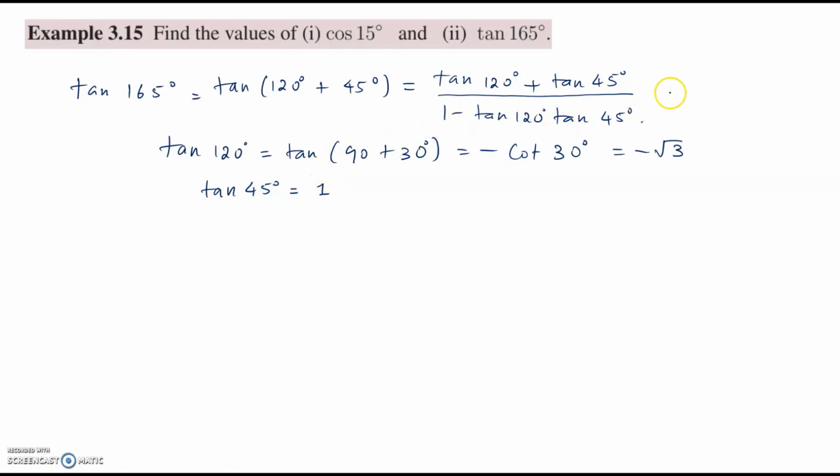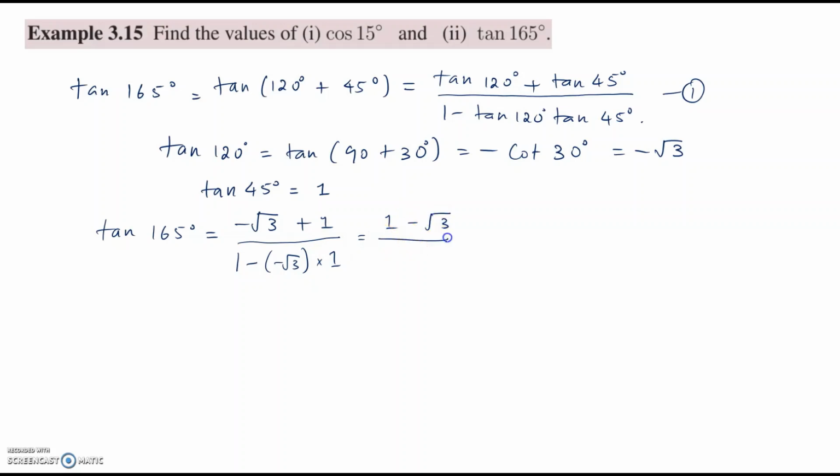Therefore, applying it, you get tan 165 degrees is equal to (minus root 3 plus 1) divided by (1 minus root 3 into 1). So this becomes (1 minus root 3) divided by (1 plus root 3).